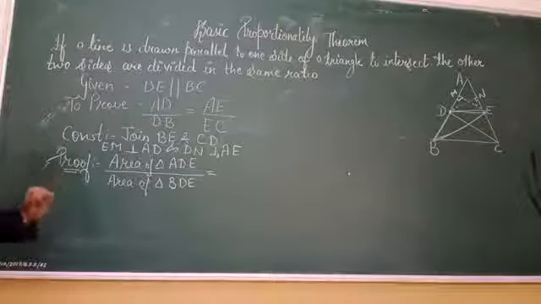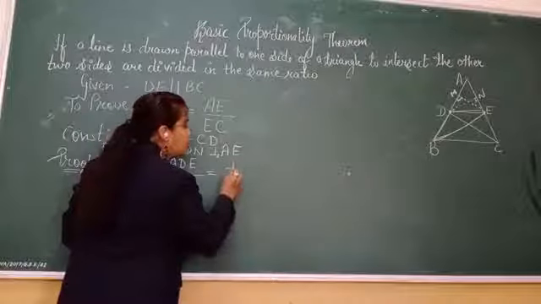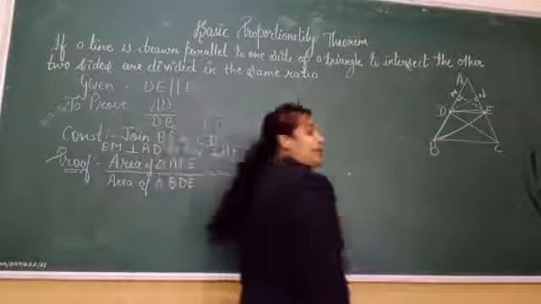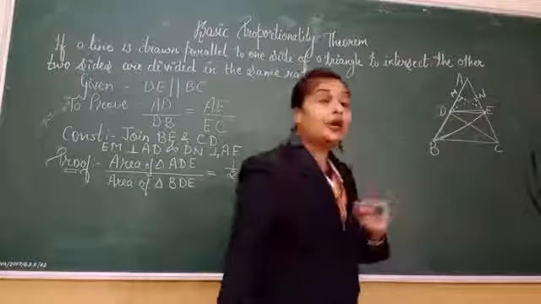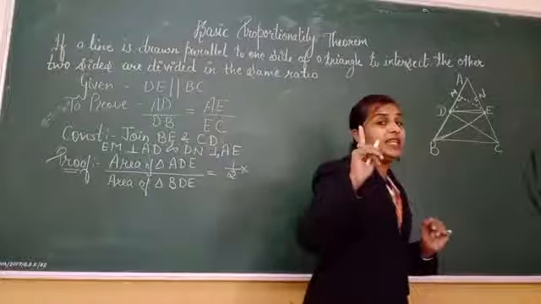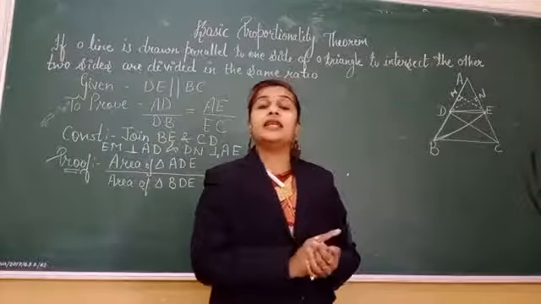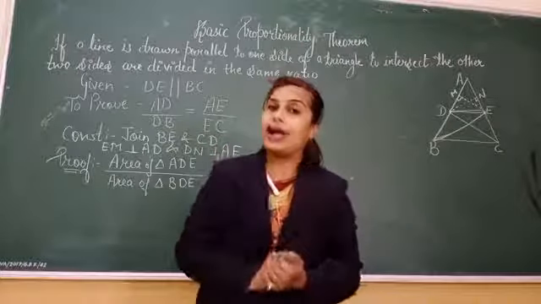Now see, what is the area of triangle ADE? Area of triangle ADE will become 1 by 2 into base. What is the base from here? Base is AD. And what will be the height? What is the area first of all? Area of triangle is 1 by 2 base into height.